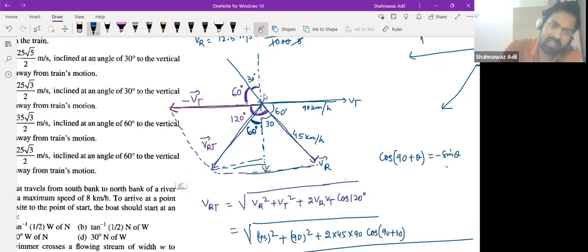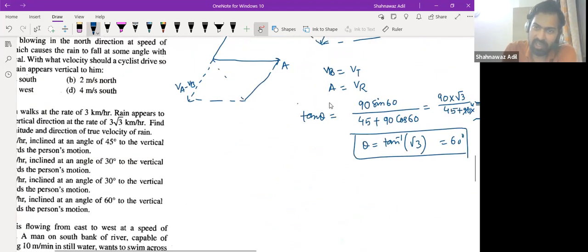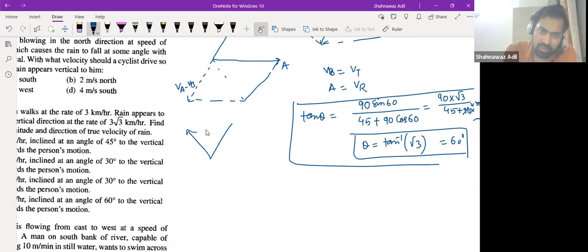So firstly, I was thinking about this rule, right? This one is the standard rule, but we have this rule also, that if we know this resultant, if we know this A, if we know this B, and this is theta, this is alpha, this is beta. So sine rule we know, right?